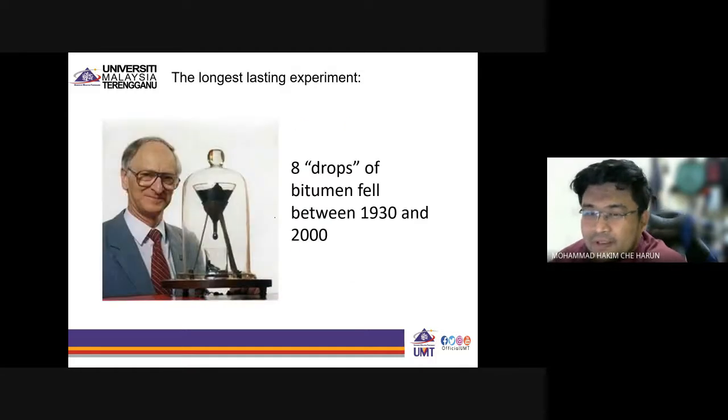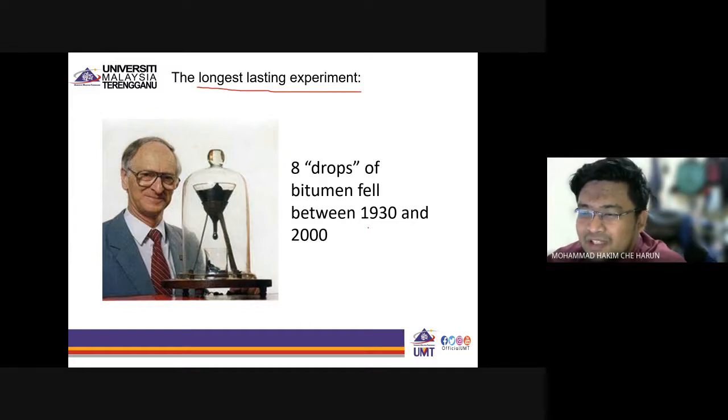Okay, so this is another fact of fluid mechanics, why people learn about it. When I say fluid, it can be water, it can be gas, it may not be solid. However, a liquid can be anything: water, bitumen, petrol, whatever you want to name. Here, this is one of the longest lasting experiments.